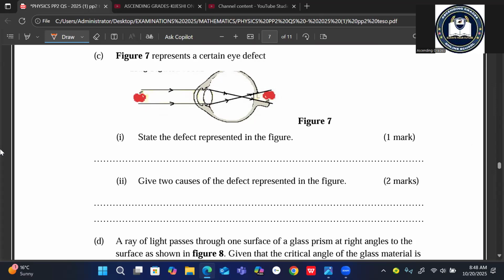In reality, the image is supposed to be formed on the retina, or else this person will be able to see clearly objects that are close to them rather than distant objects. So we call this defect short-sightedness.